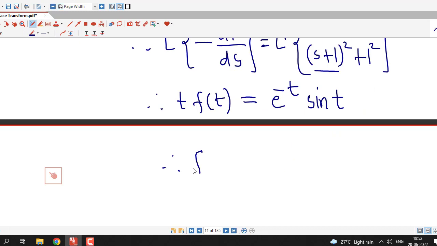Therefore f of t equal to e raised to minus t sin t divided by t.